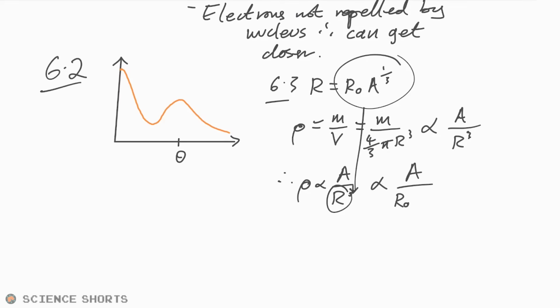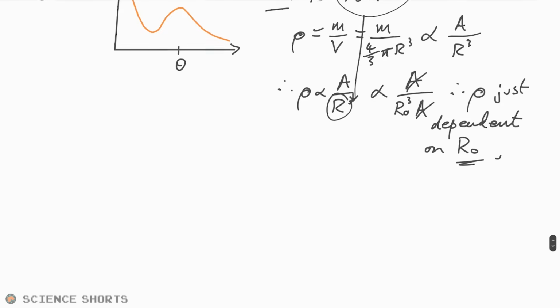That's going to be A to the third, all cubed, and so therefore density is just dependent on R0. But I think that's a bit of a tautology, to be honest, because you have to assume that they're all the same density before you actually make the equation. Silly question, if you ask me.